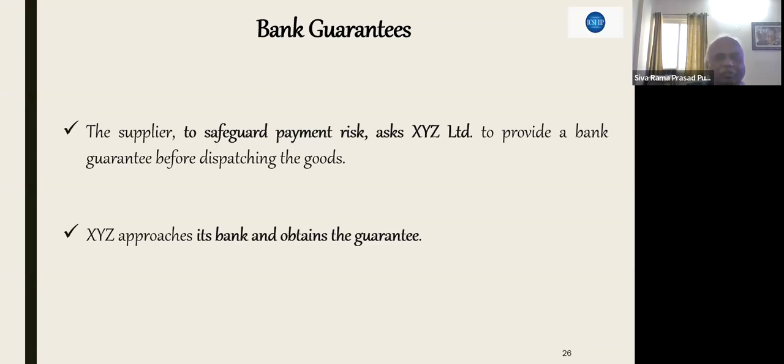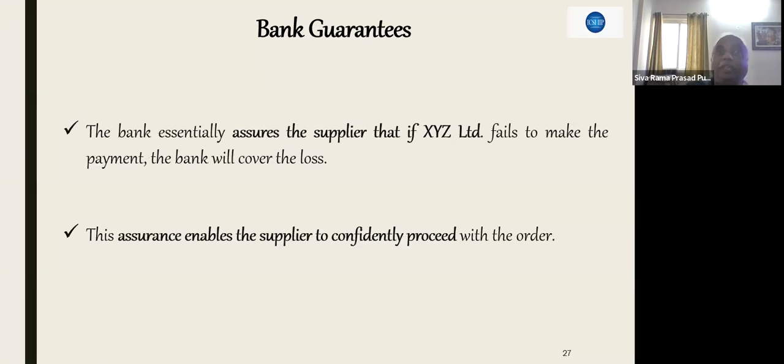Okay, I will provide goods, no doubt, but once goods are received by you, if not paid, whom do I have to ask? XYZ approaches its bank and obtains the guarantee. The bank essentially assures the supplier that if XYZ fails to make the payment, the bank will cover the loss to the supplier. This enables the supplier to confidently proceed with the order.